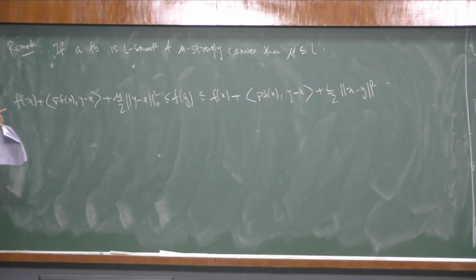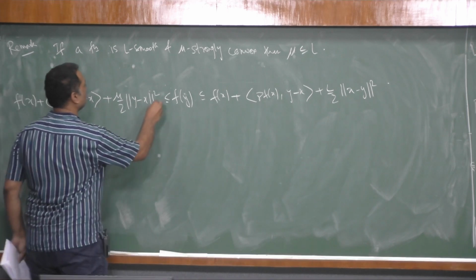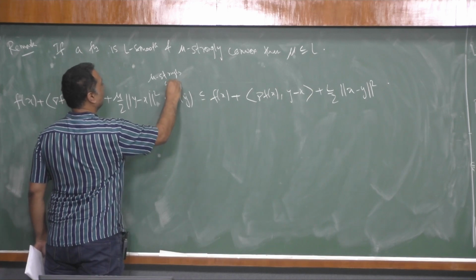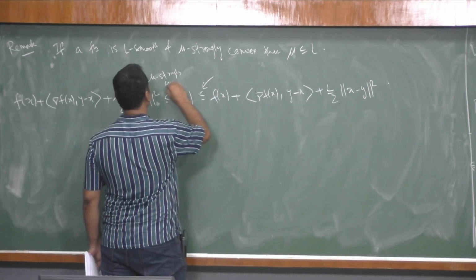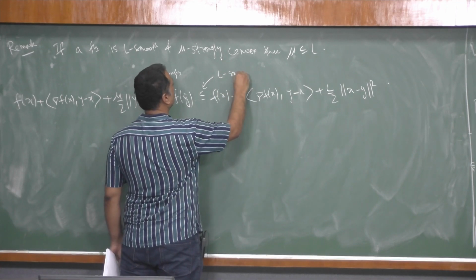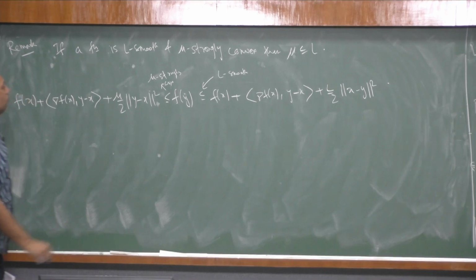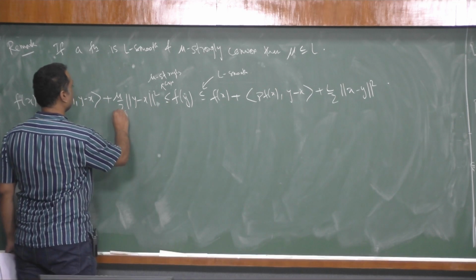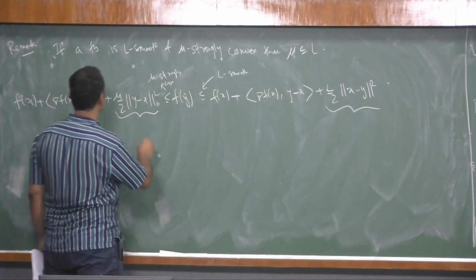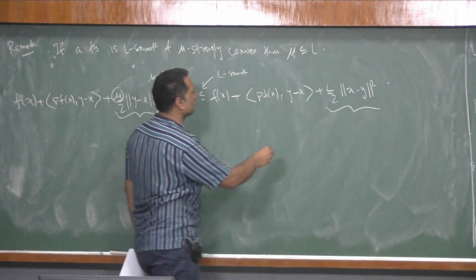So looking at this, this is the mu strongly convex, and this guy is L smooth. So now from this, the remark is clear that mu must be less than or equal to L, because the only difference you see in the left hand and right hand side is coming from here. So it must be that mu is less than or equal to L.